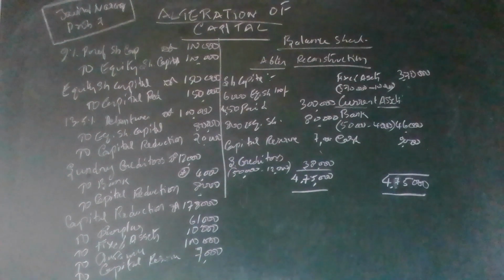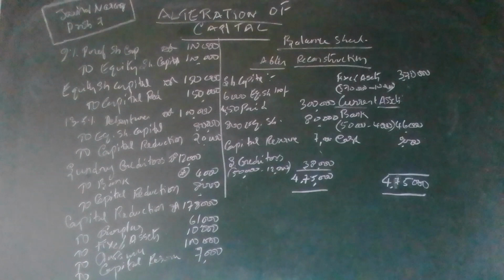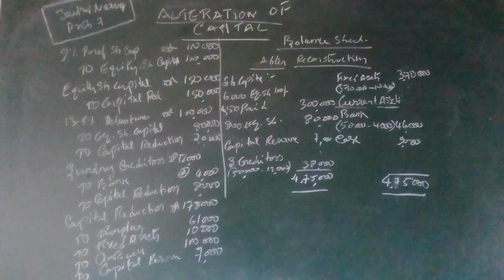Then the important point here is the next entry for sundry creditors. Total amount of creditors is 50,000. On that total, they are accepting a remission of 20% of their claim, and 10% is discharged immediately.